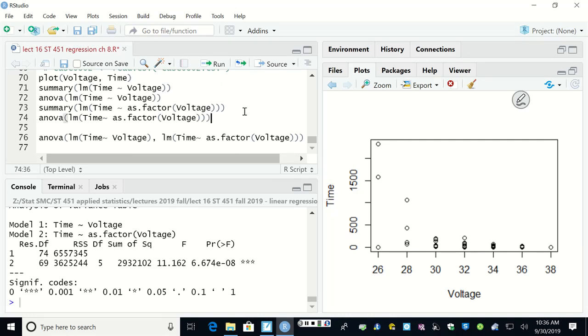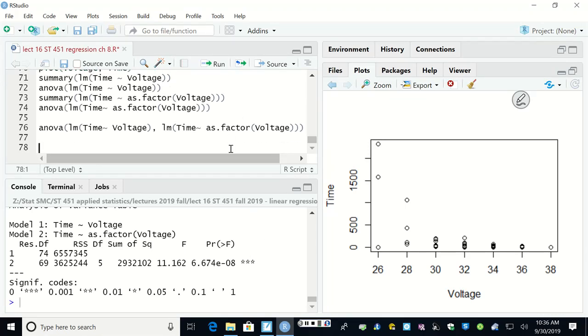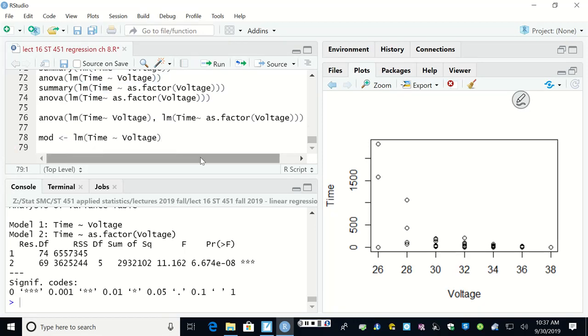And just to conclude one thing here, if I save the model of the time as just a quantitative predictor, right? And then plot the fitted values from that model versus the residuals.